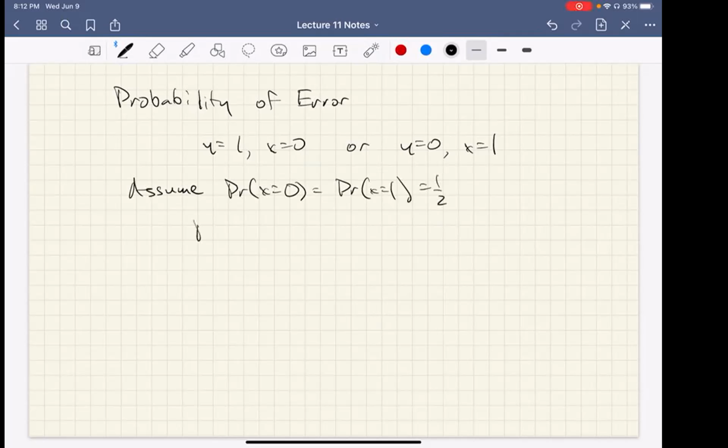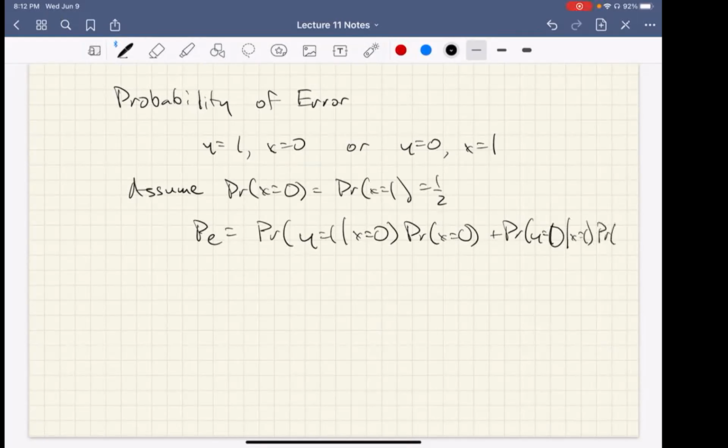Then we get the probability of error is the probability that y equals 1 given x equals 0 times the probability that x equals 0, plus the probability that y equals 0 given x equals 1 times the probability that x equals 1.